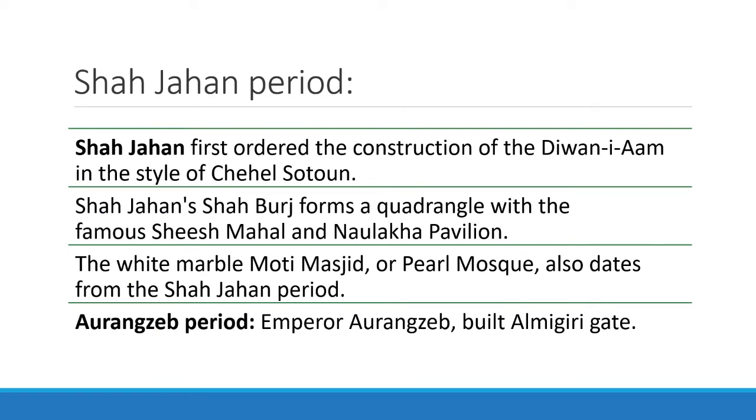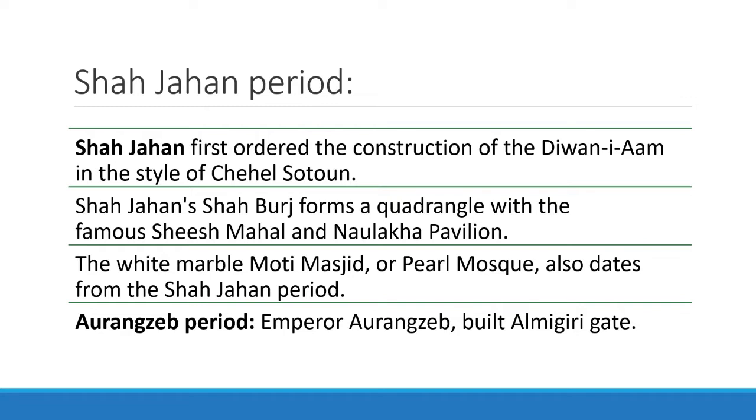Shah Jahan period. Shah Jahan first ordered the construction of Diwan-e-Am in the style of Sahel Sultan. It is a Persian style 40-pillar public audience hall. Shah Jahan's Shah Burj forms a quadrangle with the famous Sheesh Mahal and Nolakka Pavilion. Both are attributed to Shah Jahan, although the Nolakka Pavilion may be a later addition, possibly from the Sikh era.